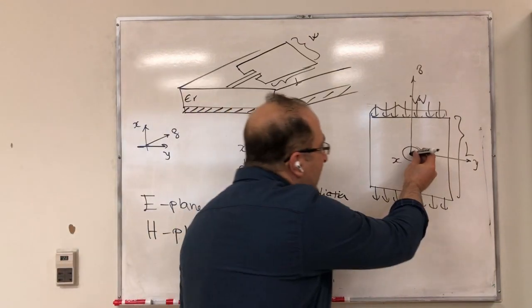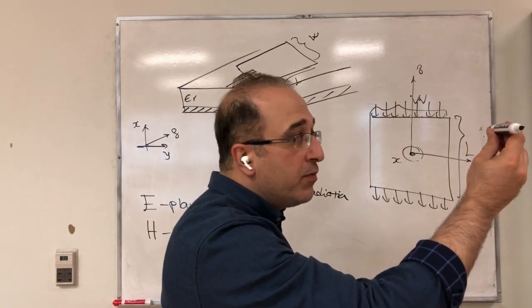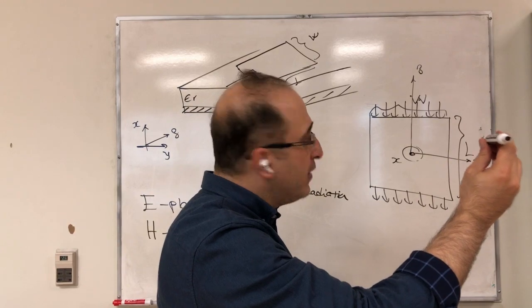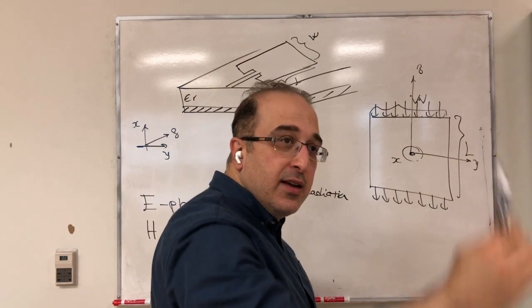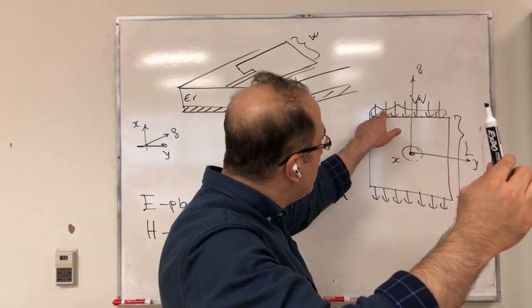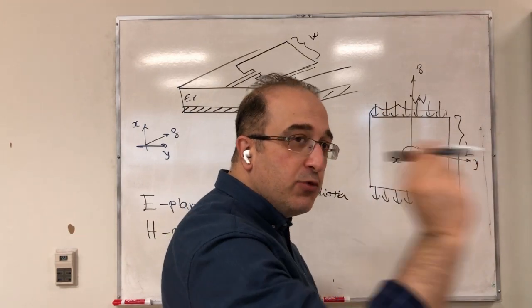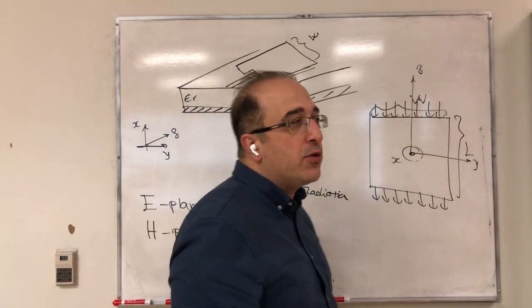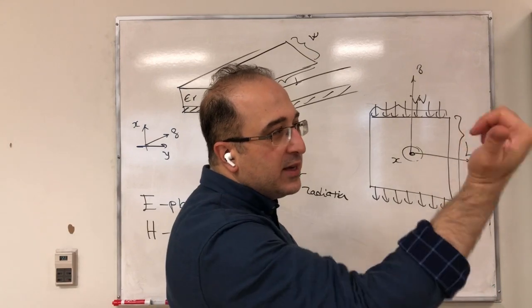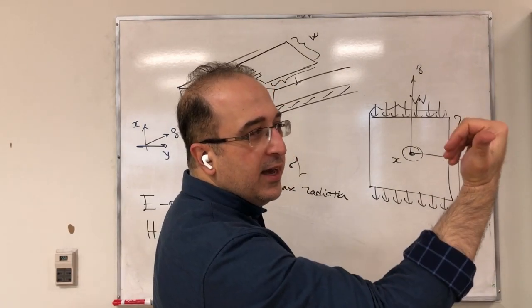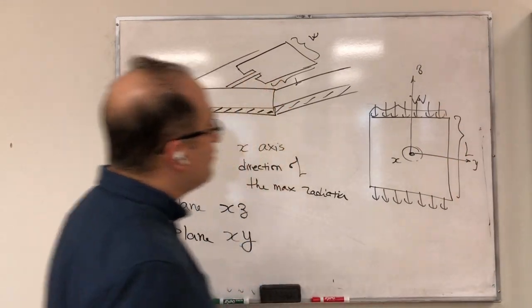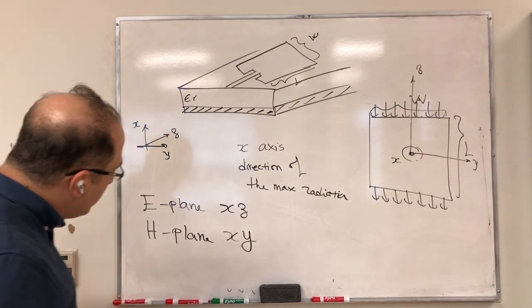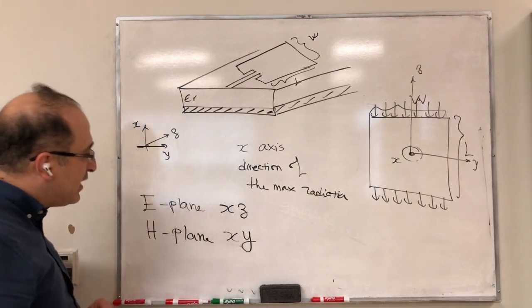On the x-axis, I have the maximum radiation, and the electric field would be this, and H would do that. So you're going to have your plane wave going in this direction. So E, H, and the direction of maximum radiation. This is the E-plane and H-plane.